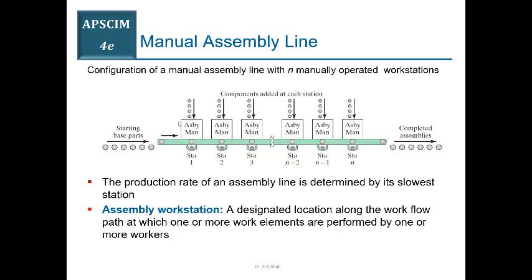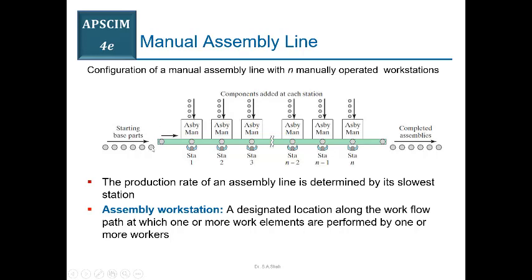Whatever the sequence of assembly operations, you will normally have that sequence of workstations as well. A base component will be launched into the system onto the main conveyor system, the main transportation system of the assembly plant. It will move to the first workstation, and sub-assemblies will come through a secondary transportation scheme to the individual workstation.